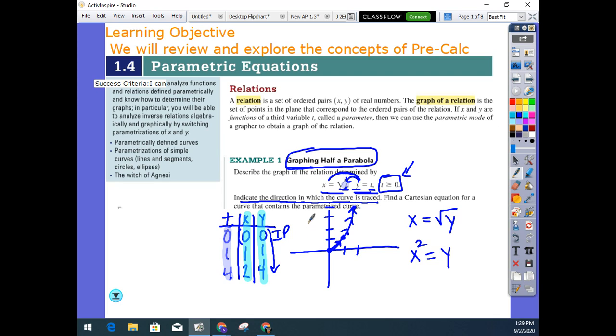This, though, would be the whole parabola. We're starting where x is greater than 0. So you can either use this and stop here. You can also use this one. It doesn't matter. But if you use the full equation of x squared, you have to qualify it with x is greater than or equal to 0.